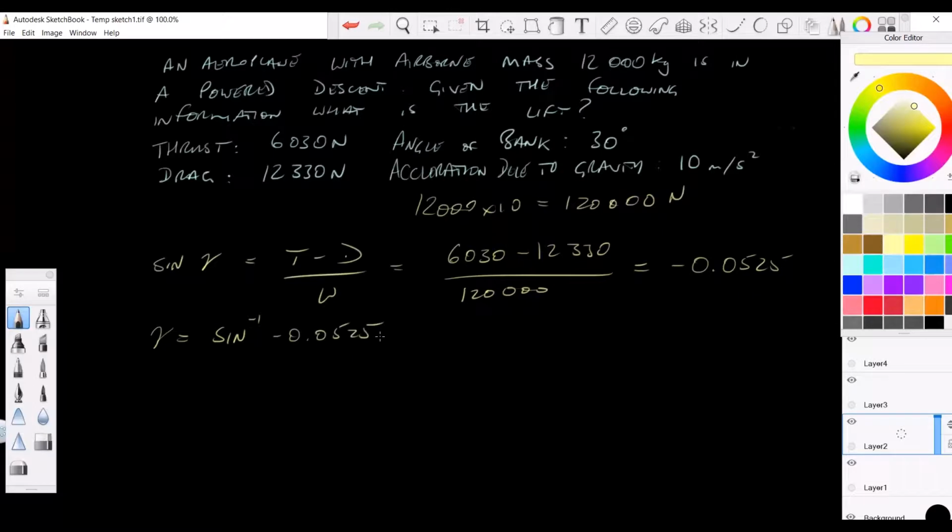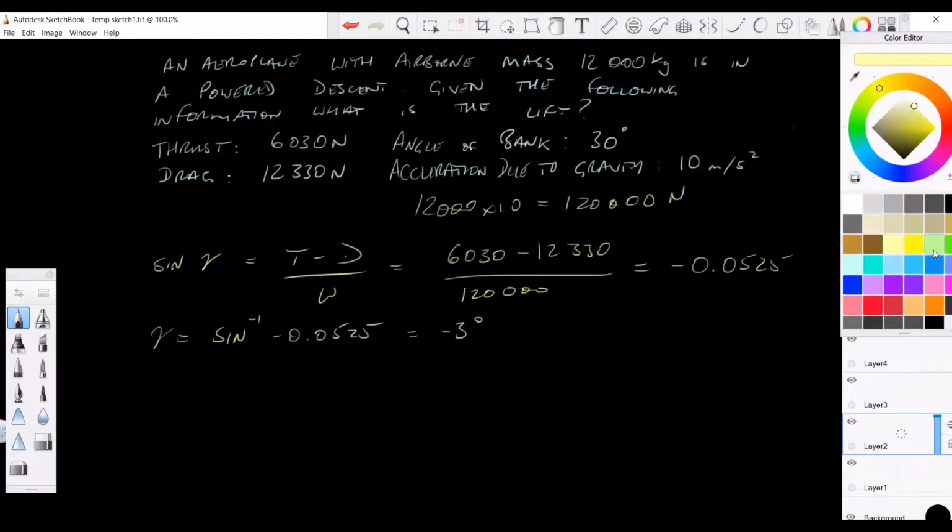On your calculator, all you need to do is type shift sine and then the answer button to bring in that answer. And the answer you should get is very close to negative 3 degrees. So our angle of descent is 3 degrees, again expressed as an angle of climb. So we've come up with negative 3 degrees.